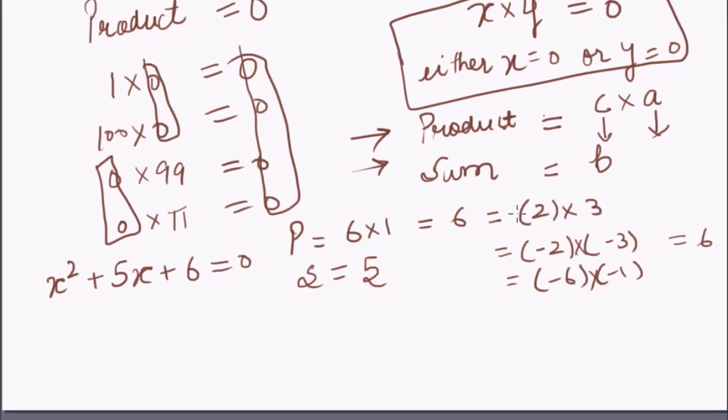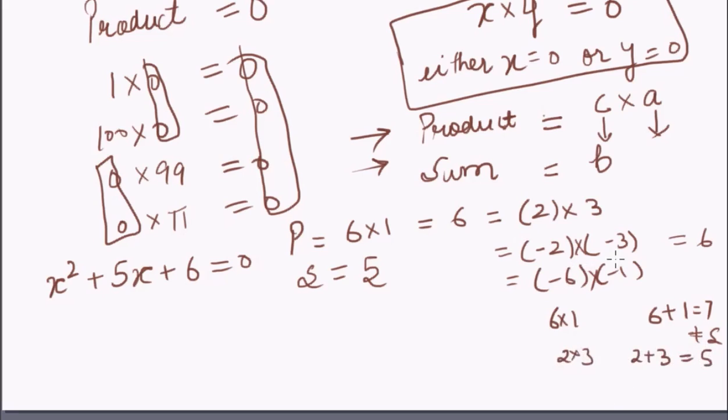Now we will pick two terms of each product and see whether their addition is this sum or not. The first product is 6 into 1. If we add 6 plus 1, it is 7, which is not equal to the sum defined by us. If we pick 2 into 3, then the addition of these terms is 5.